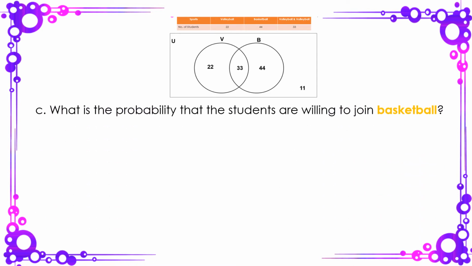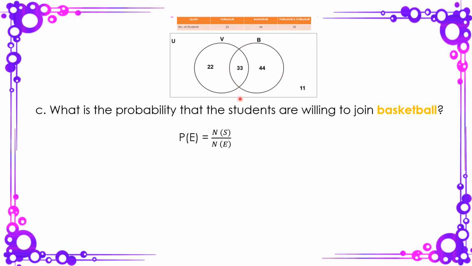Okay, let us proceed to answer letter C. The problem is, what is the probability that the students are willing to join basketball? So, use the formula P of E is equal to N of S over N of E. By substitution here, you can see here, willing to join basketball from our Venn diagram.